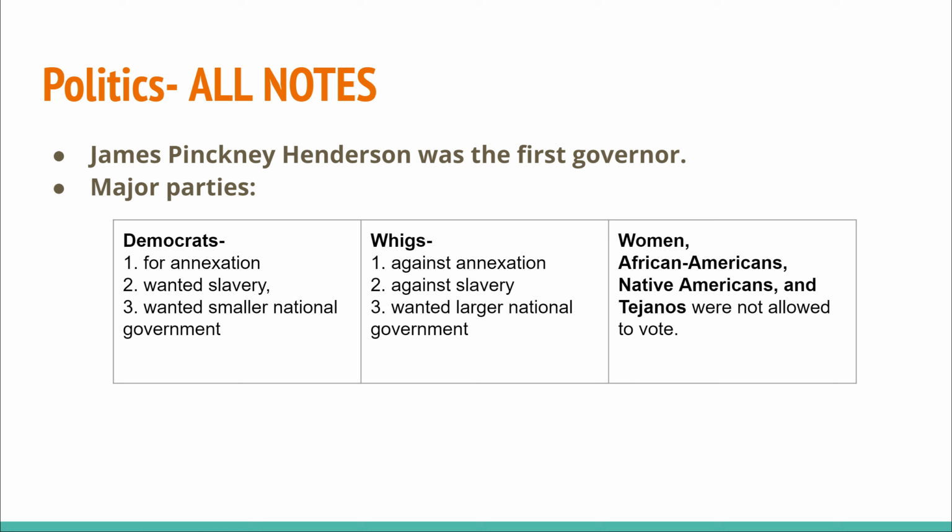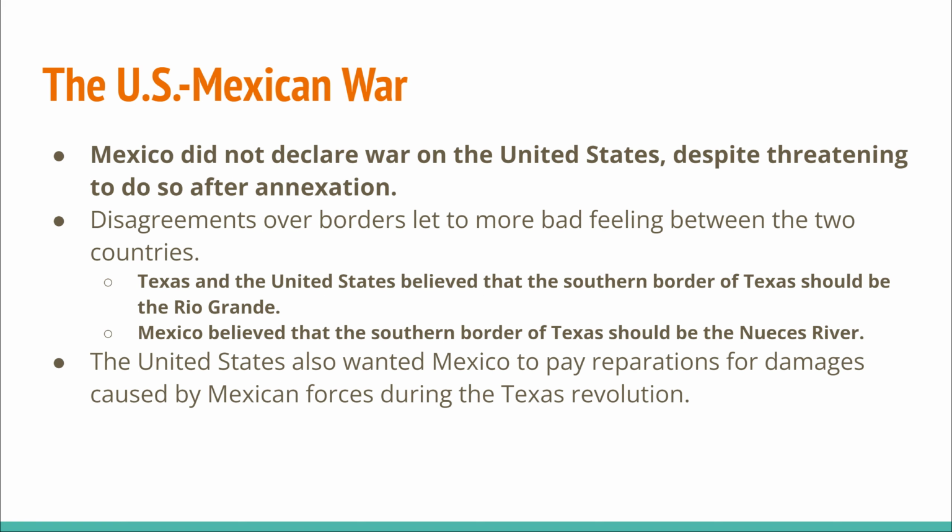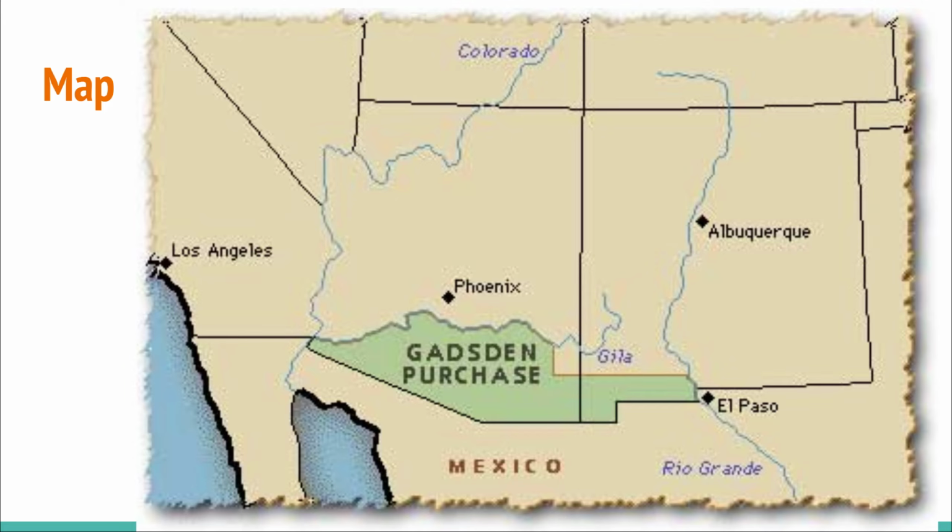Nobody else is allowed to vote. So, who is going to get to decide who gets land and everything? Anglo-American men, all right? Which means that a lot of African Americans, Native Americans, and Tejanos in Texas do not have a voice and they do not have a say in the laws that are being passed. So we're going to go back forward.